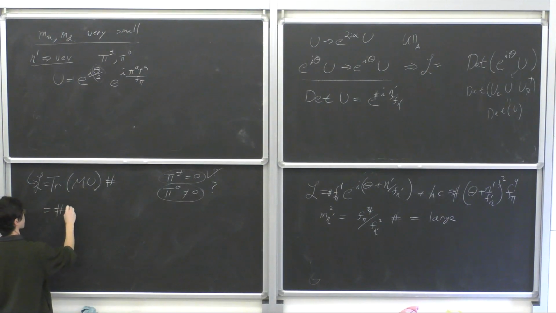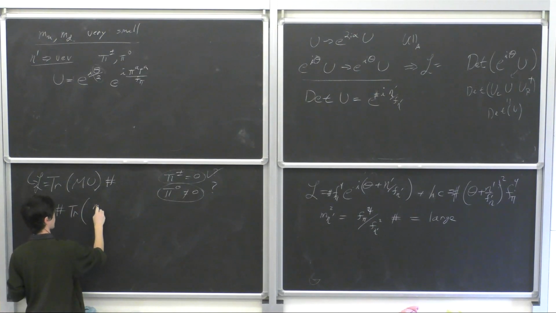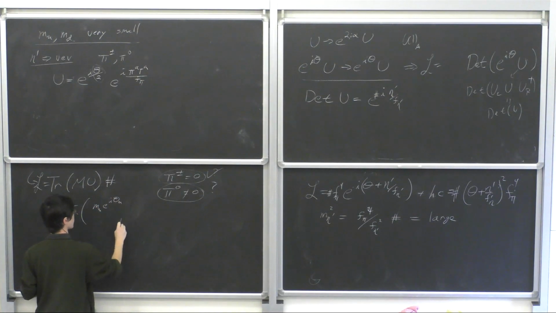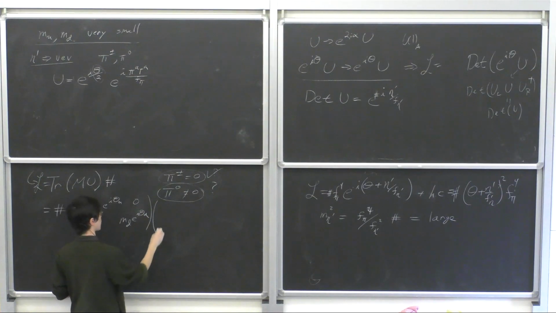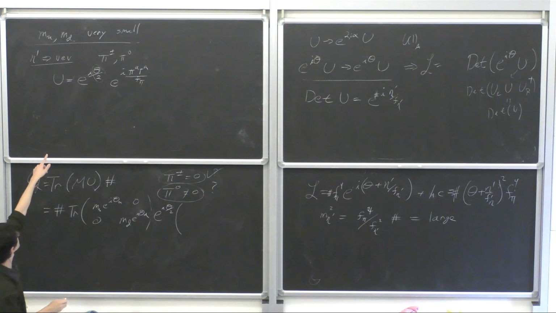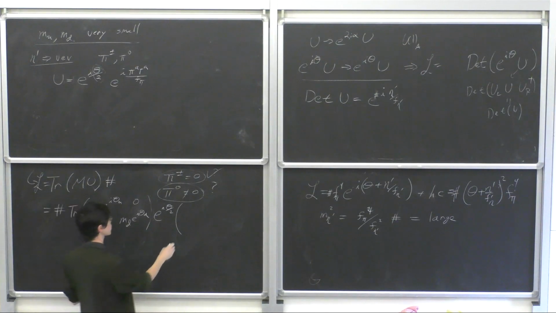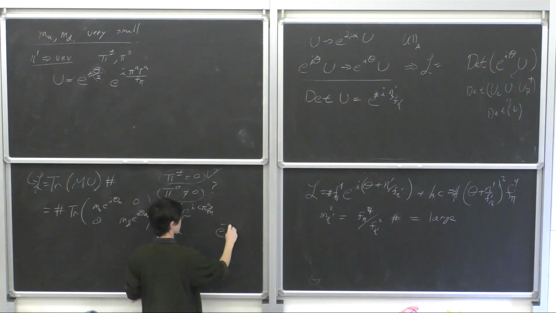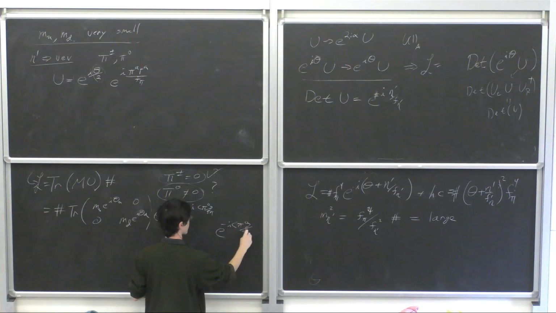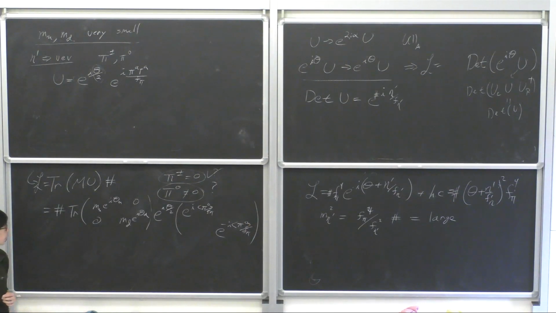You get some number, trace of mu e to the i theta u, md e to the i theta d, 0, 0. So u1 factor, there's an e to the i theta over 2, and then e to the i pion is not equal to 0. e to the i, let's call VEV of pi 0 over f pi, e to the minus i VEV of pi 0 over f pi, like that. Plus Hermitian conjugate.